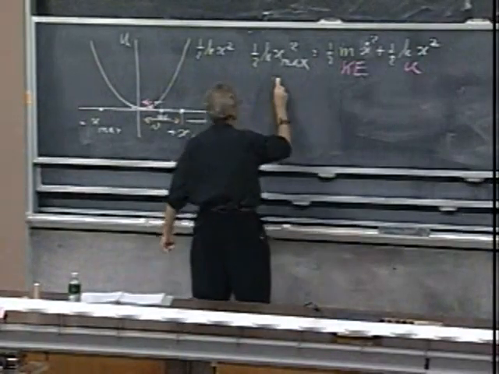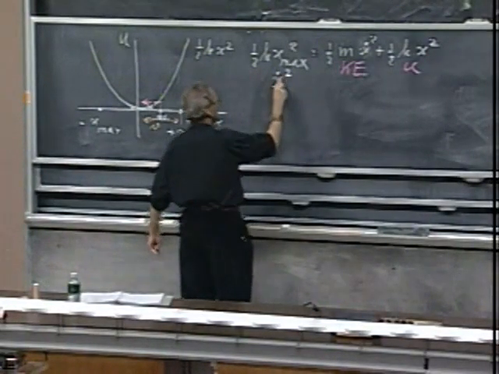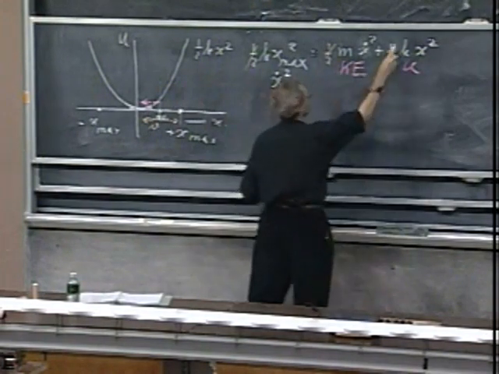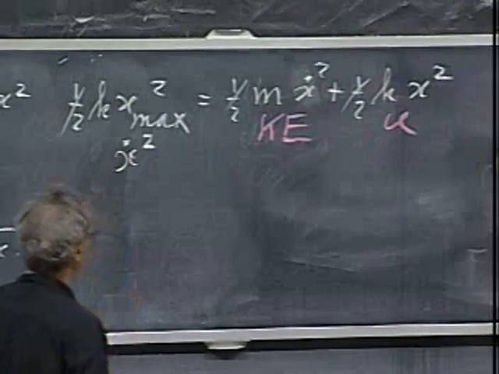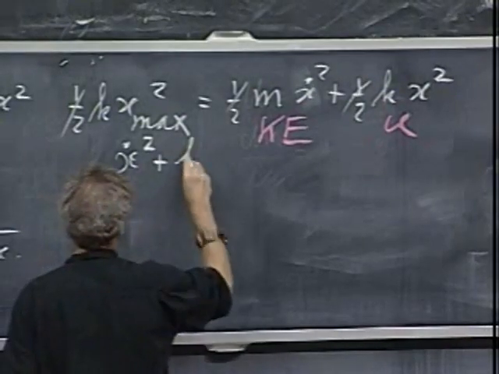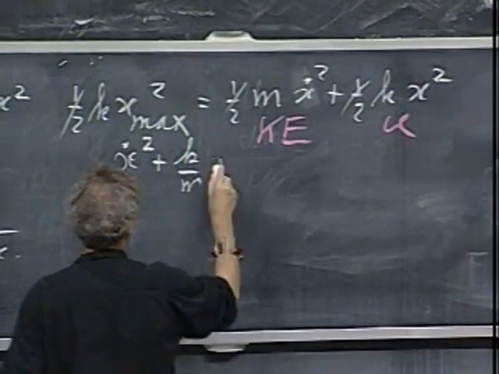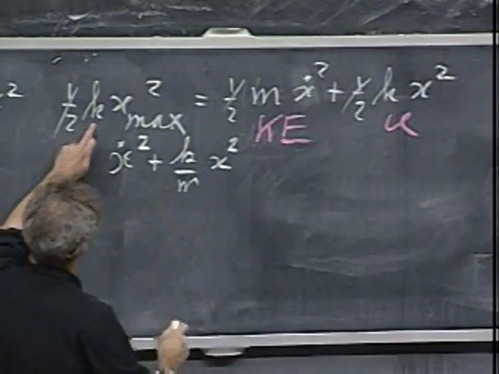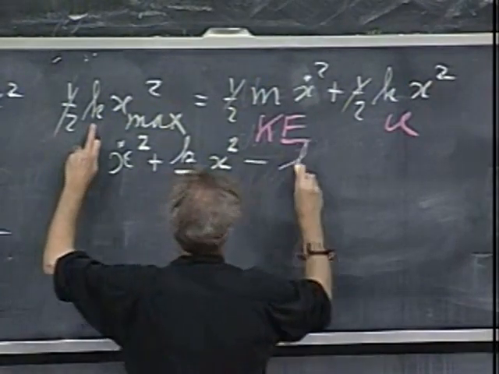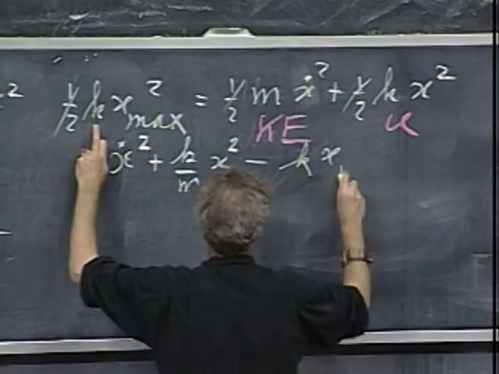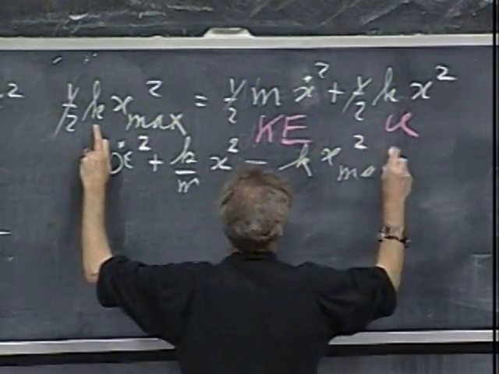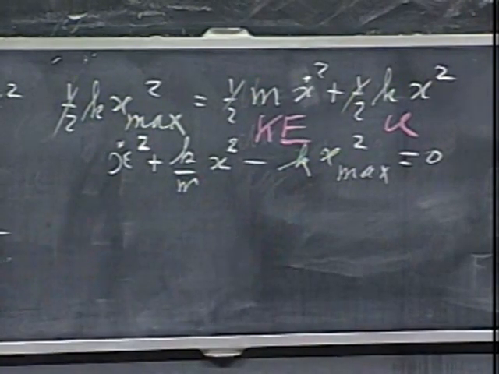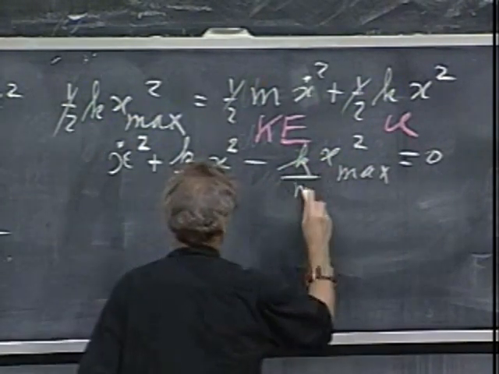I bring the x dot squared to one side. My halves go away, and I divide by m. So I get plus k over m times x squared, and then minus k x max squared over m equals 0. Did I do that right? Yes. I divide; oh, there's an m here, and the m has to be here.